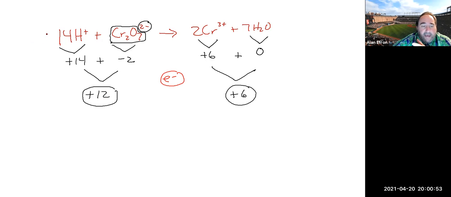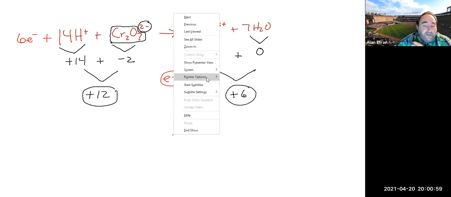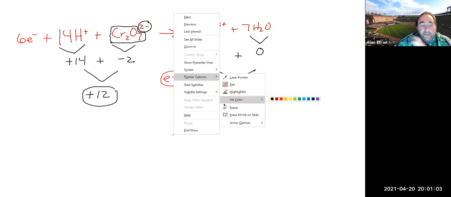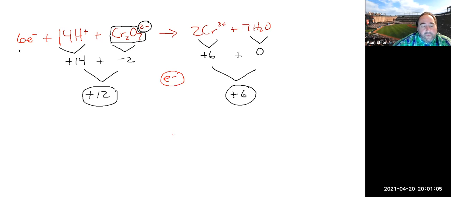So when we added our 6 electrons to the left-hand side, and we knew we should add the electrons to the left-hand side because it was a reduction half reaction, those 6 electrons that we added are going to now provide a -6 charge. Each electron is minus 1.